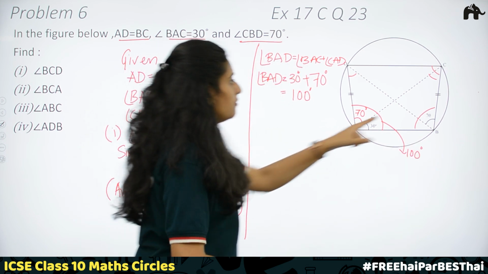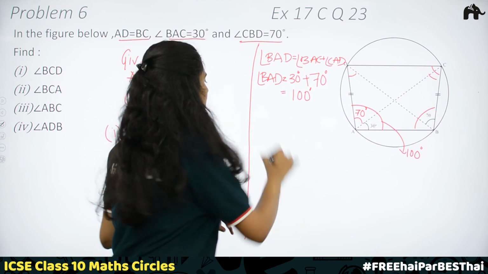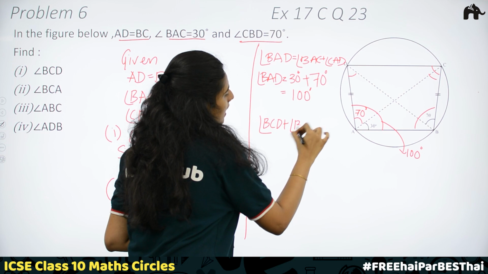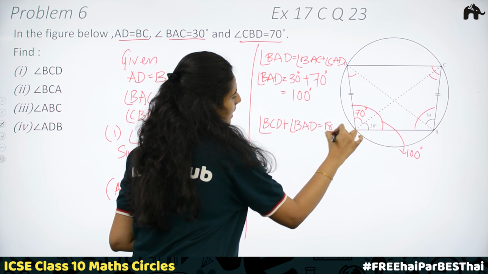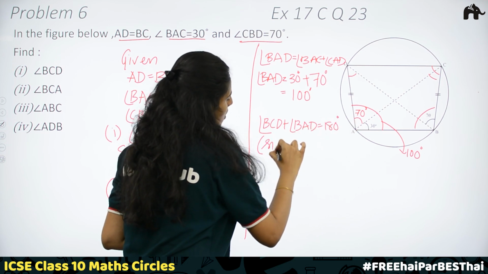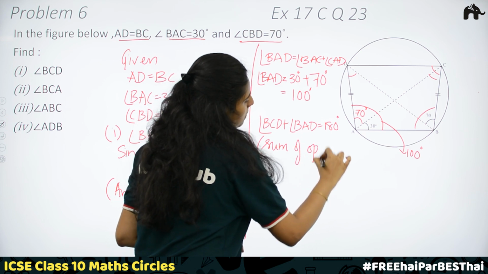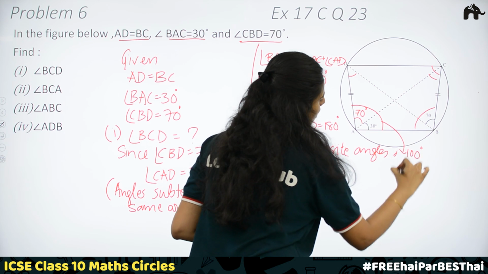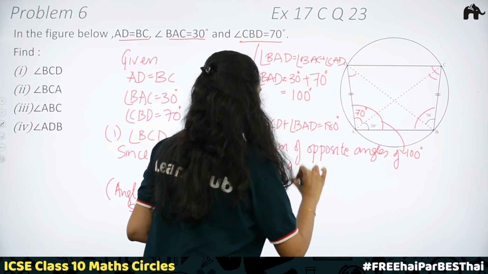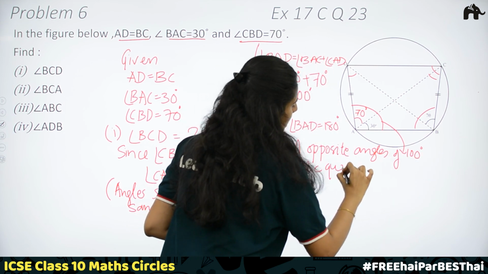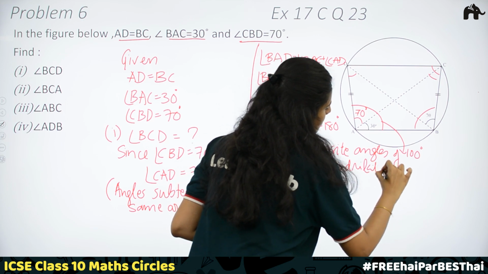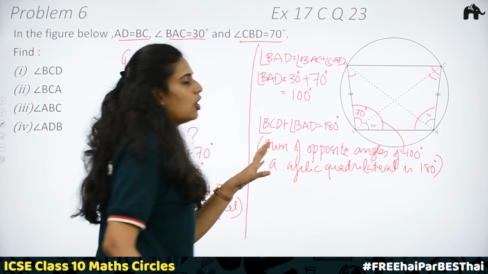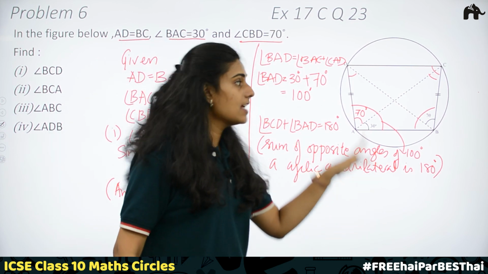Now we can find what BCD is. Angle BCD plus angle BAD is equal to 180 degrees. What is the reason? The sum of opposite angles of a cyclic quadrilateral is 180 degrees.